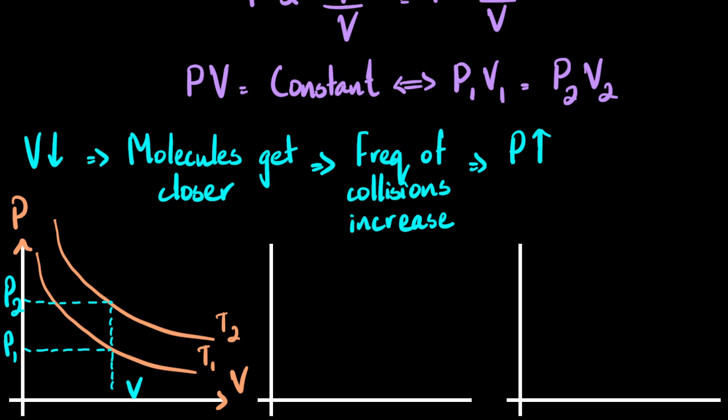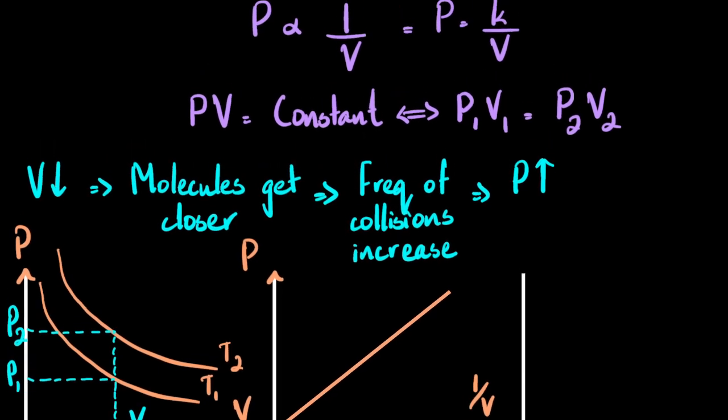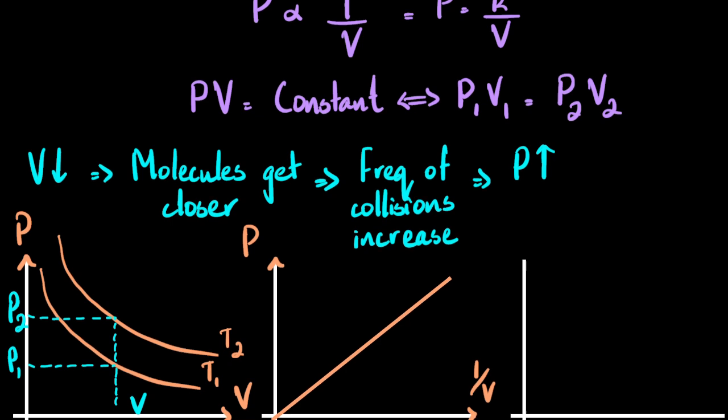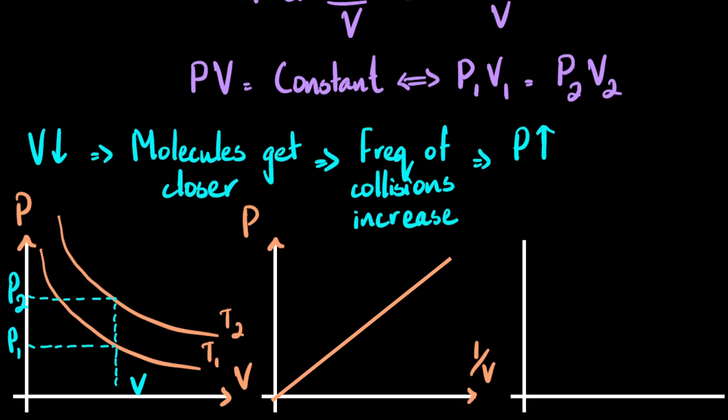The other graph which is asked is something of this sort. If you have pressure, and instead of the volume on the x-axis you have 1 over the volume, a reciprocal of the volume, the graph just becomes a straight line passing through the origin. Because if you look at this equation, pressure is inversely proportional to volume, and if I take 1 over V to be another variable, let's say z, I can say P is directly proportional to z, and that z is what I have on the x-axis. So then this just becomes a graph of direct proportion.